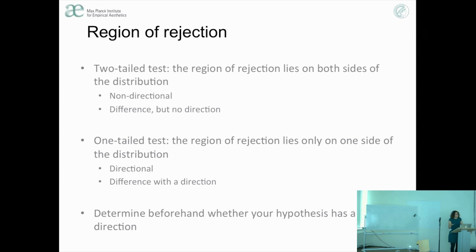Now, this is also something that we have to be clear about before we run actual tests, so we can know whether our region of rejection lies on both sides of the data distribution or just on one side. Based on the fact that we have this normal distribution with the tails, we call this either a two-tailed test, when you have no direction, or a one-tailed test when you do have a direction to your hypotheses.